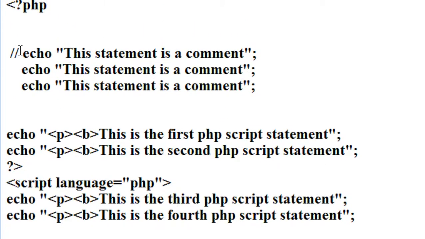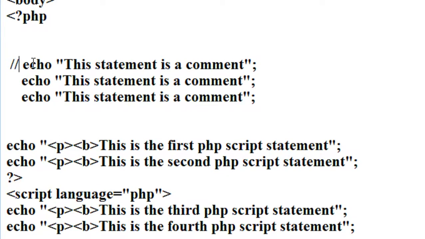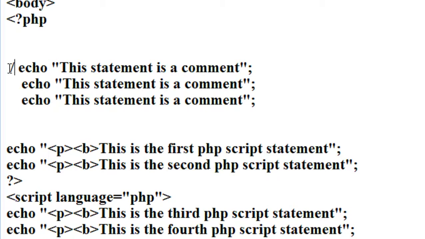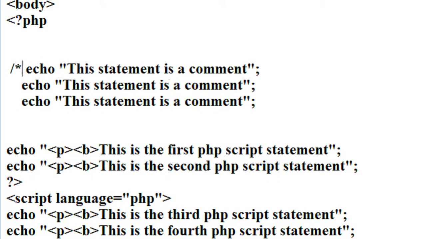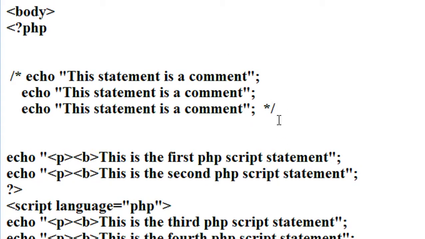In order to make a paragraph a comment, you need to insert something like this. Use a forward slash symbol and a star at the start of that paragraph, and at the ending of that paragraph, put a star symbol again and use the slash.